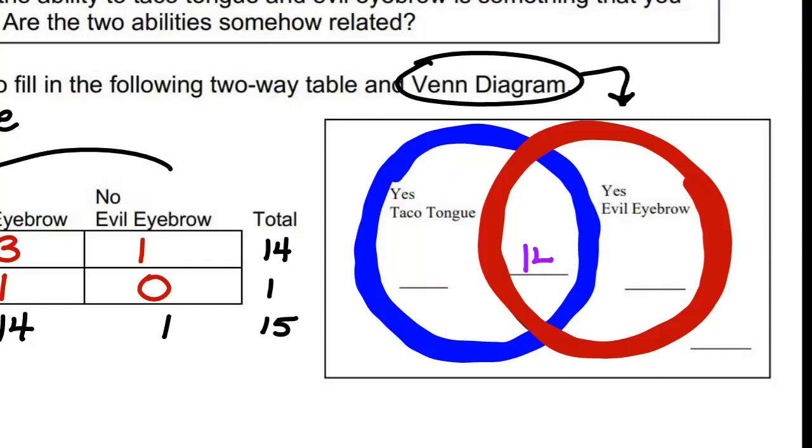Thank you. There we go. 13 people said they could do both. The grand total for this whole red circle should be how much? 1. So out here are people that yes, evil eyebrow, but they don't fit inside the other circle. So I'm going to put my one lonely person over there.